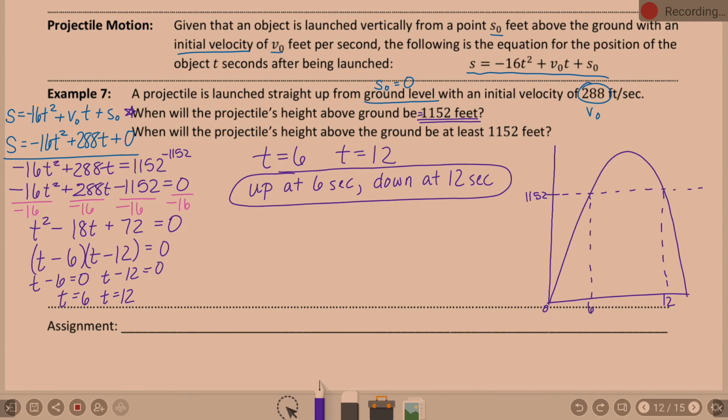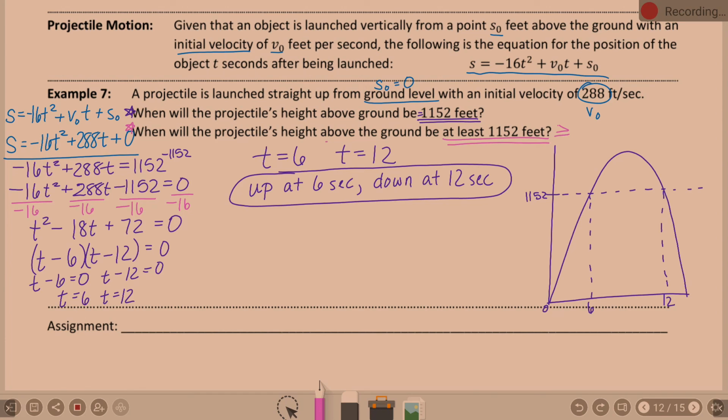The second question says, when will the projectile's height above the ground be at least 1,152 feet? What's at least? If something is at least 1,152, it is including and greater than.